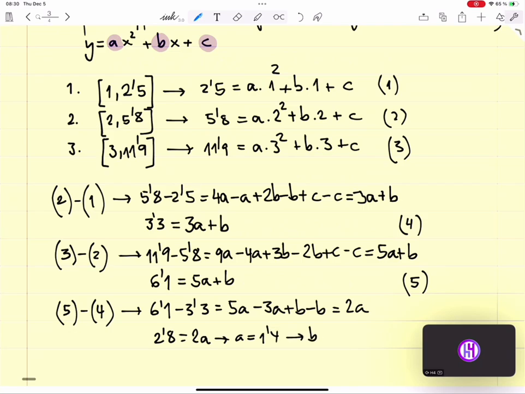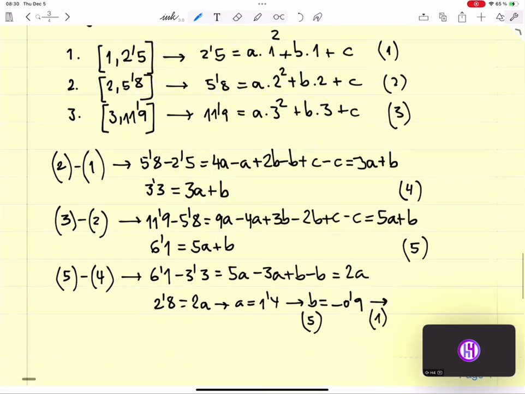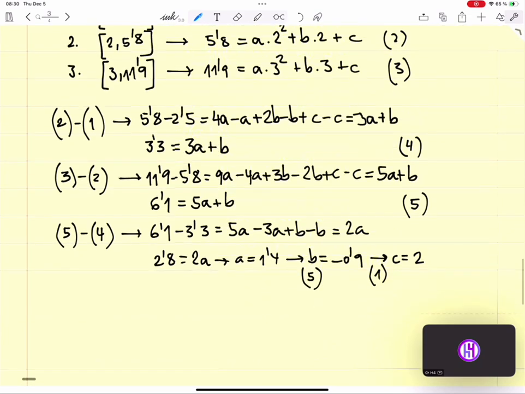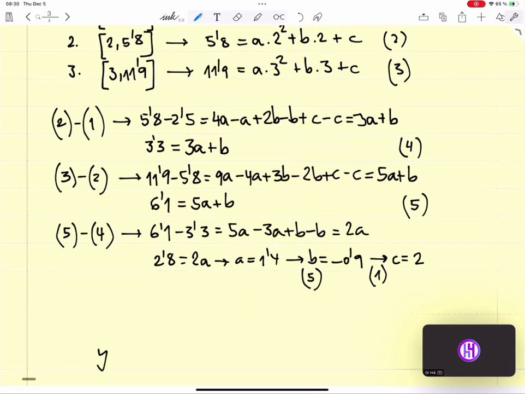B, because of equation 5, equals minus 0.9, and c, because of equation 1, if I substitute a and b, c is 2. So our equation of our prediction, which we write as y hat, is 1.4x squared minus 0.9x plus 2.